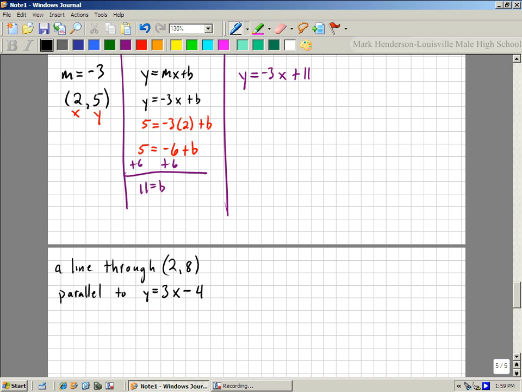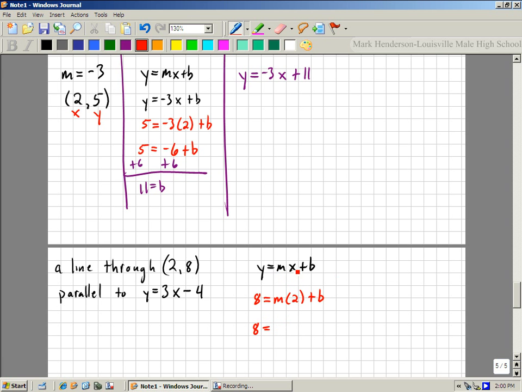So, I already have the point, right? So, if I have y equals mx plus b, I already have that this is 8 equals m times 2 plus b. But which do I have?